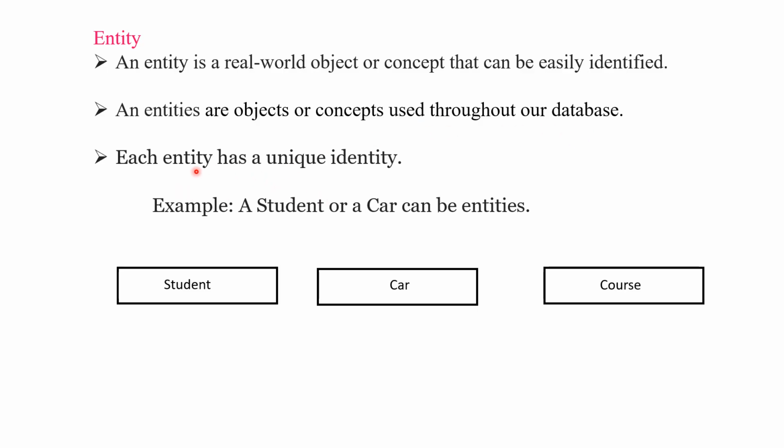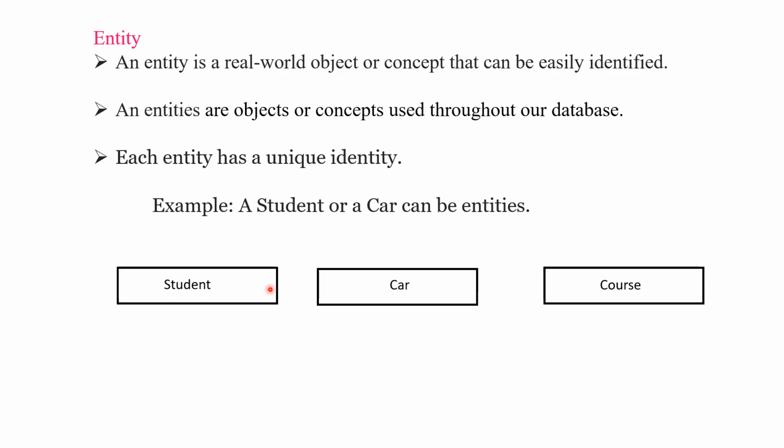Each entity has a unique identity, whether it is a physical thing which we can touch, or something which has a logical existence, it is called an entity. Examples for the entity may be a student or a car. So here, as it is an entity, we are representing it in the rectangular shape.